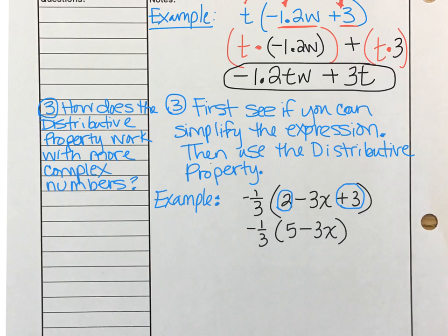I combined my two like terms, which are both constant terms, so those can go together. Now I can use my distributive property. I'm going to take my -1/3 and multiply times 5. And then I'm going to take my -1/3 and multiply by x.